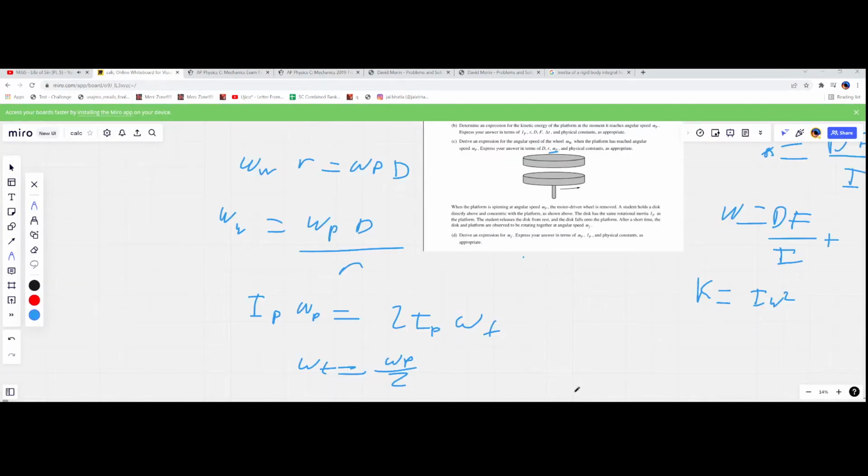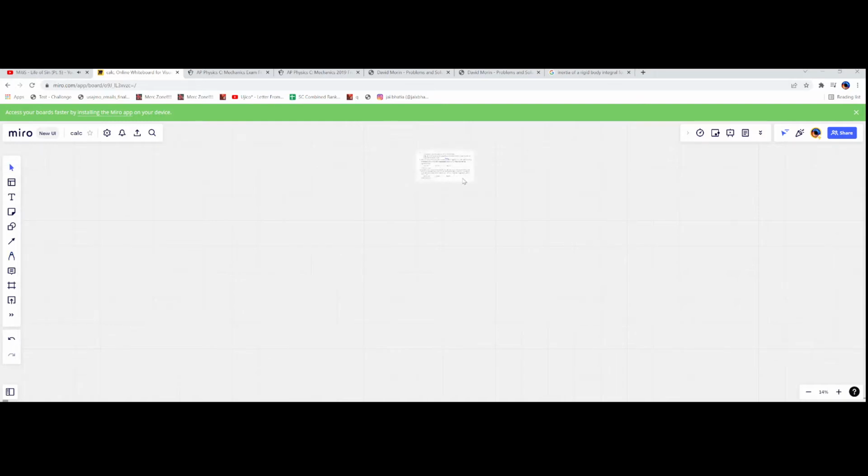So I guess I will do this then. Well, I'm not going to actually calculate the slope.